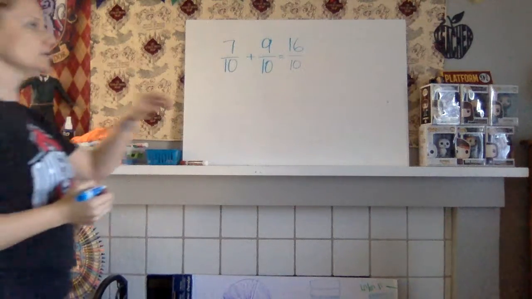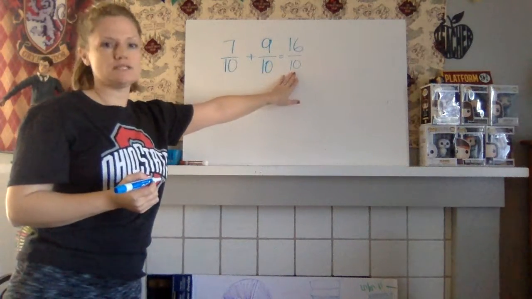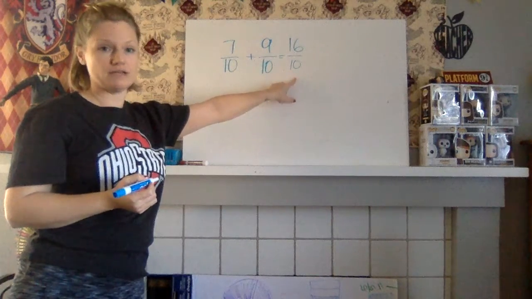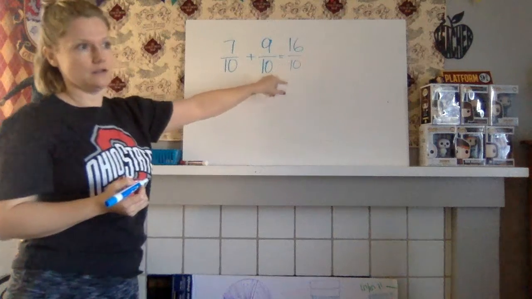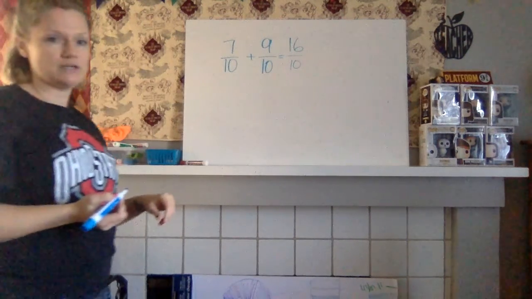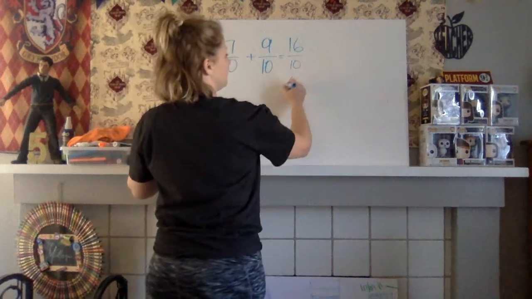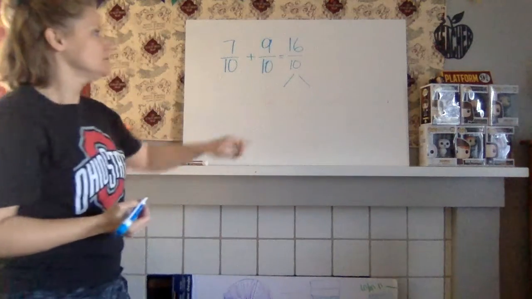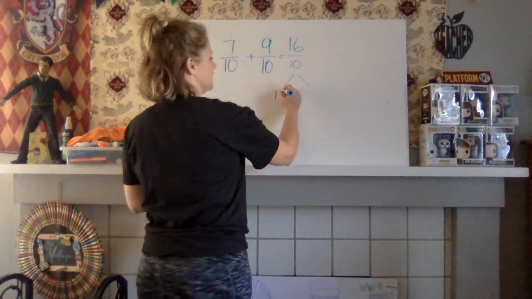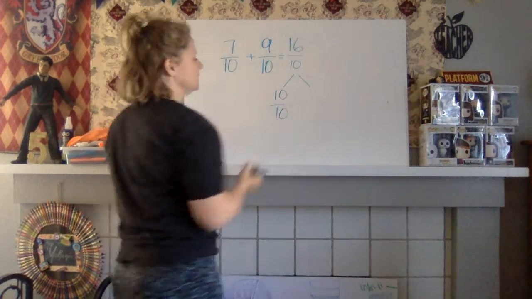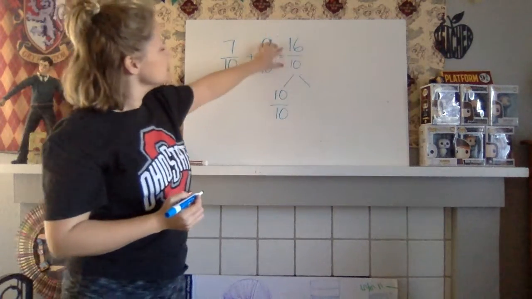Okay? So now we're just going to decompose this improper fraction. Remember, it's an improper fraction because the numerator is bigger than the denominator. So we're going to decompose this fraction into a whole and a part. We're talking about tenths, so 1 whole would be 10 tenths. Okay, well, I took out 10 tenths.